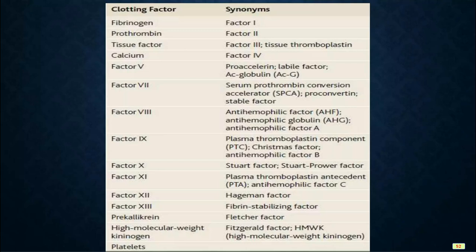1, then prothrombin 2, tissue factor 3, calcium 4, then the Owren's factor or AC globulin is called factor 5, then factor 6, then factors 5 and 7, serum prothrombin conversion accelerator and proconvertin, and then the stable factors will be produced.